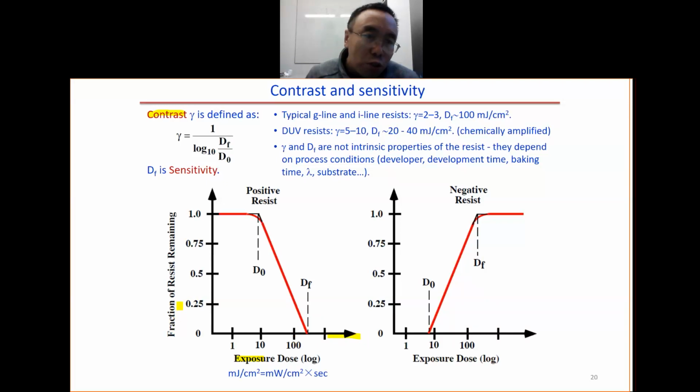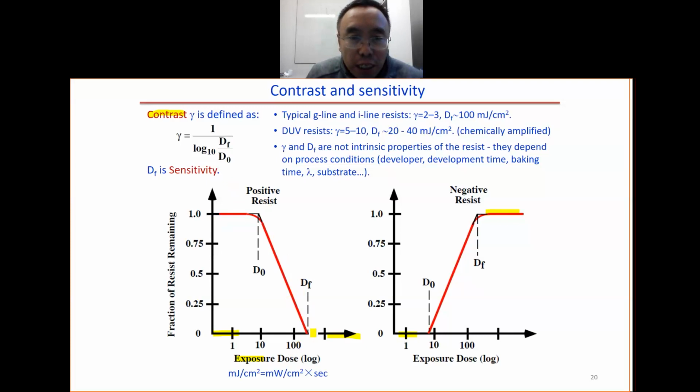So the remaining resist thickness will be 0. The non-exposed area will remain. So this is the property of the positive resist. Now for the negative resist, the exposed area will remain, and the unexposed or low dose exposed area will be dissolved. So we have this curve.